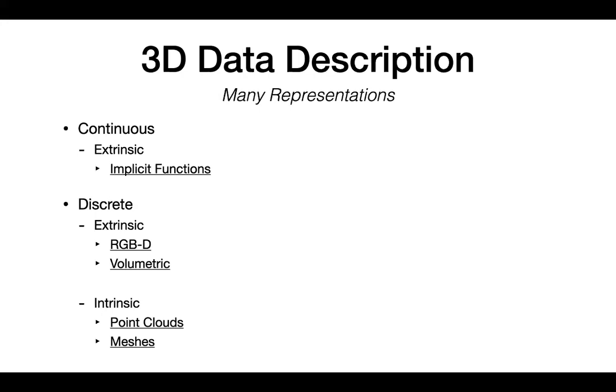But we can discretize that signal and see it as discrete data and a representation of that continuous function. And also, we can view the description of 3D data either in a way that we call extrinsic, because it's data that is in the ambient space, but we can also see it from the intrinsic point of view.